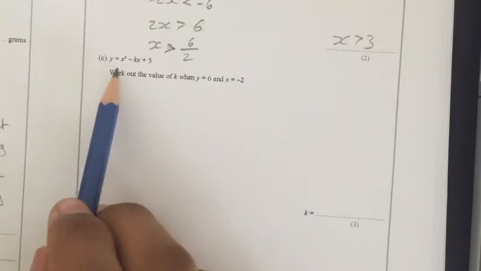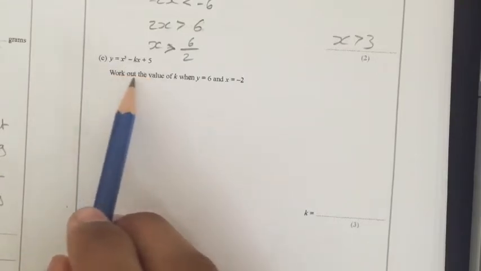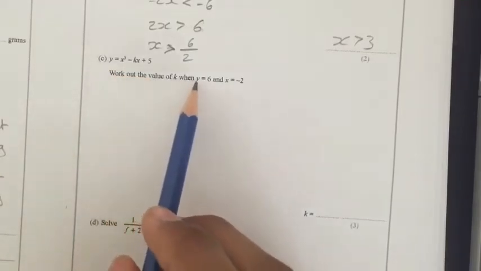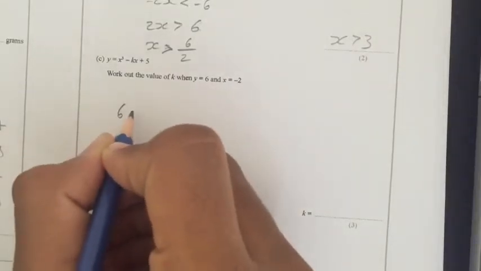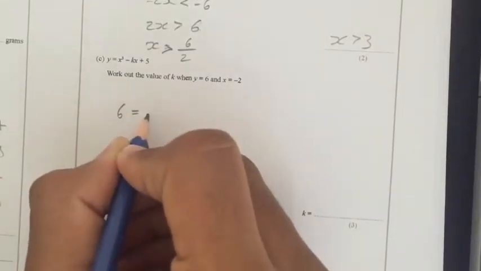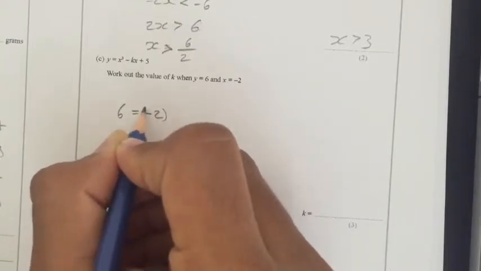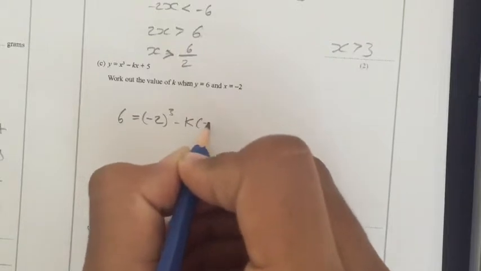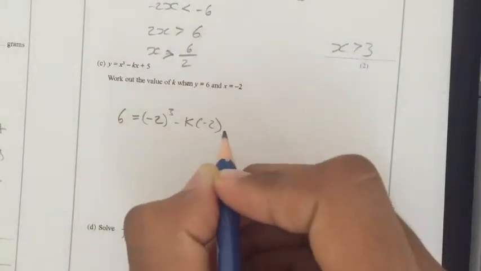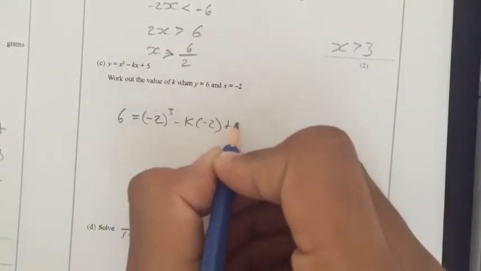Okay, next question. y equals x cubed minus kx plus 5. Work out the value of k when y equals 6 and x equals minus 2. Okay, so 6 equals minus 2 cubed minus k times minus 2 plus 5.